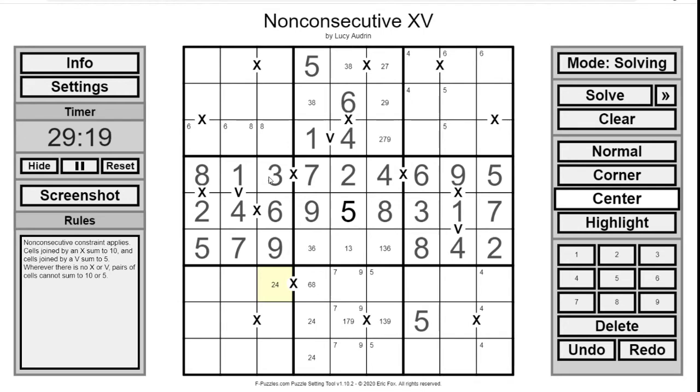Yes, it rules out 3s from a few places. 6 and 8 both rule out a 7 from this.